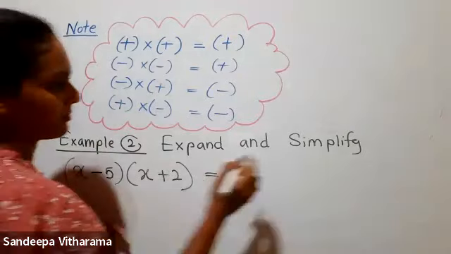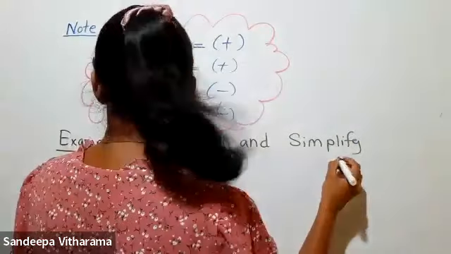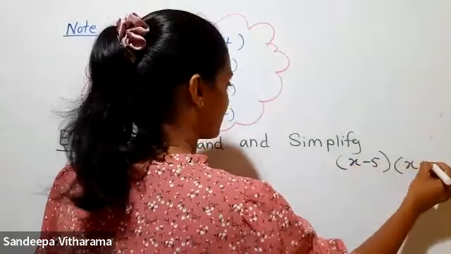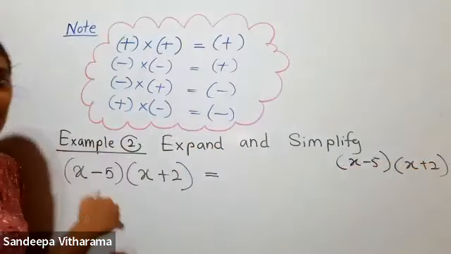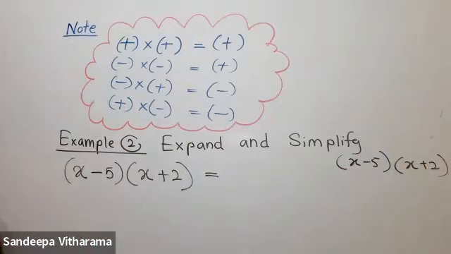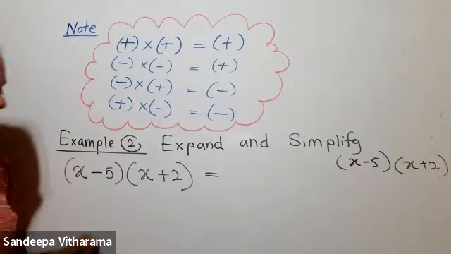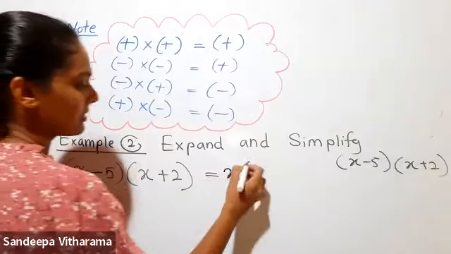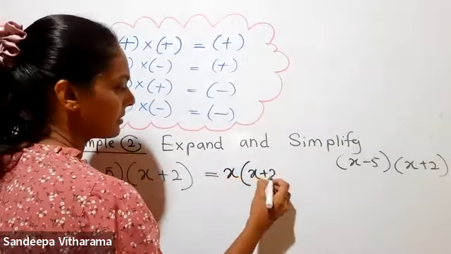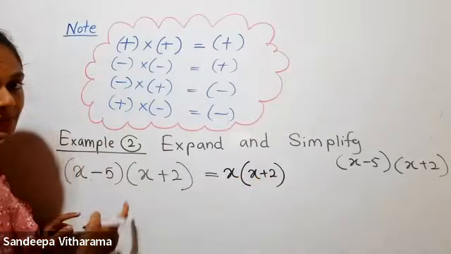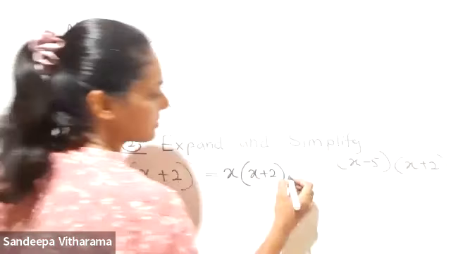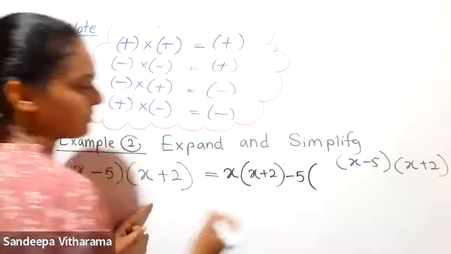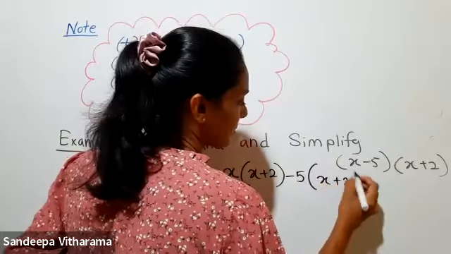Write the equation, expand and simplify (x minus 5)(x plus 2), and then get the answer separately below in steps. We separate the first expression: x into x plus 2. Next minus 5, so write minus. Don't forget the minus sign: minus 5 into x plus 2.